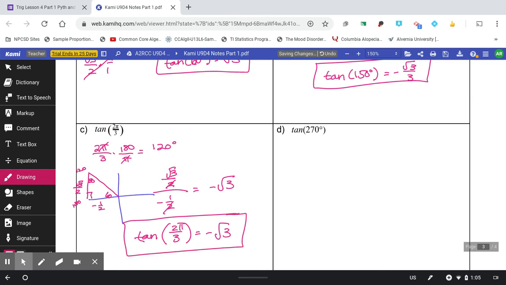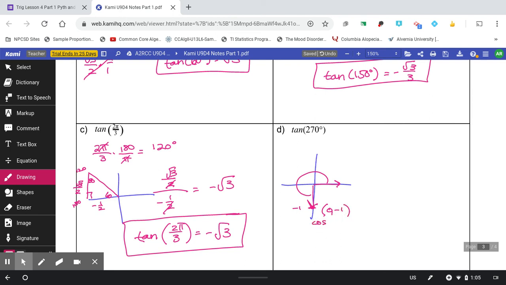Okay, and now 270 doesn't have a reference triangle because remember that's right on the axis. That's called a quadrantal angle, right? 270 would end up right here. So in the unit circle, what is that coordinate? Well, if it's just 1 unit away, this is negative 1, it's going to be 0, negative 1.